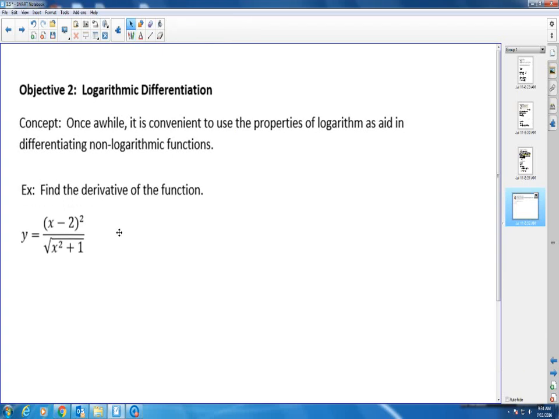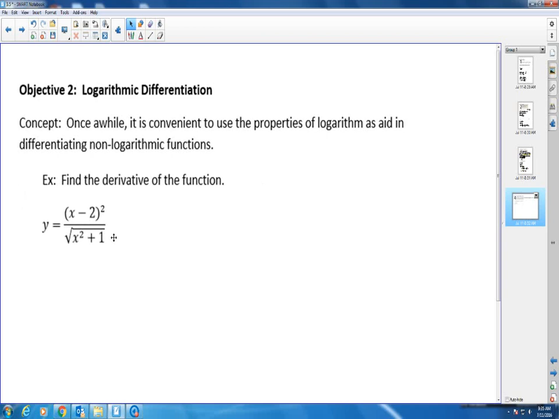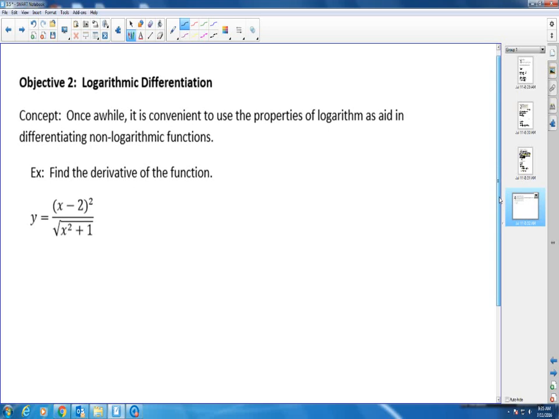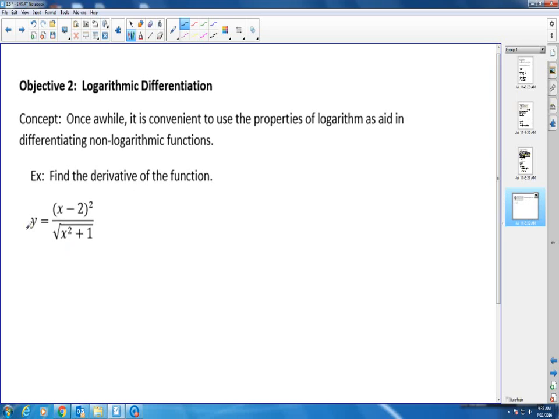So if I want to take a derivative of this function, I can actually take a derivative using the quotient rule here for the right hand side of the equal sign. Alright, but another technique, I just want to show you this technique, is actually using the properties of a logarithm. So what I'm going to do is take a natural log on both sides.